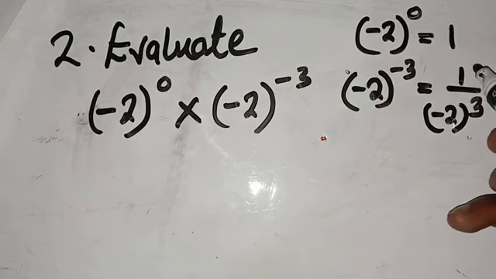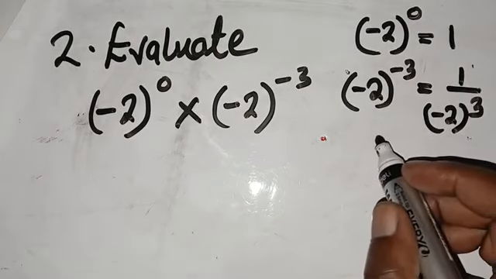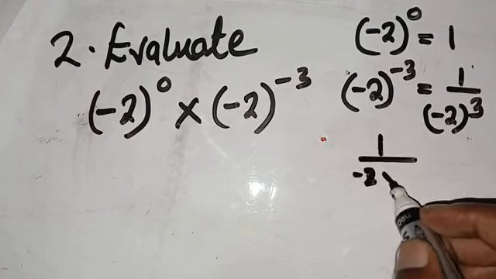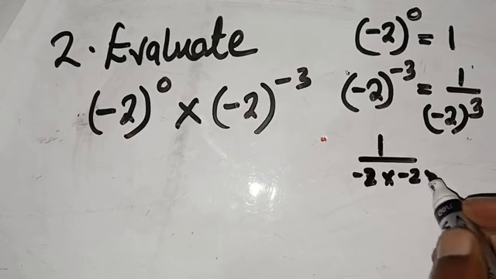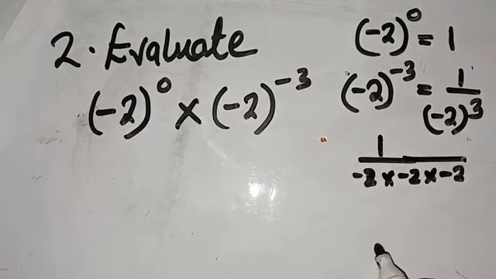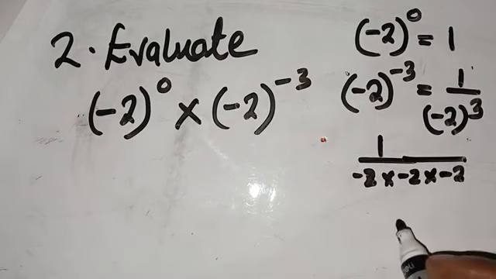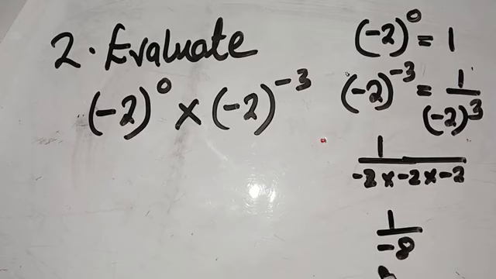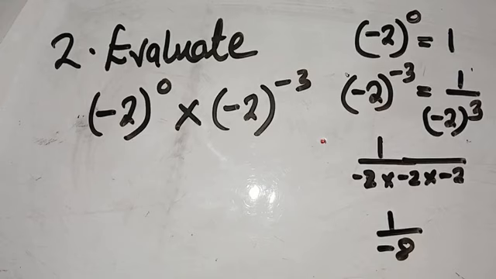And then we now need to go further and say, okay, this is going to be 1 over -2 multiplied by -2, multiplied by -2. Therefore, we are going to end up with 1 over -8. Do you get that? I pray and hope that you do.